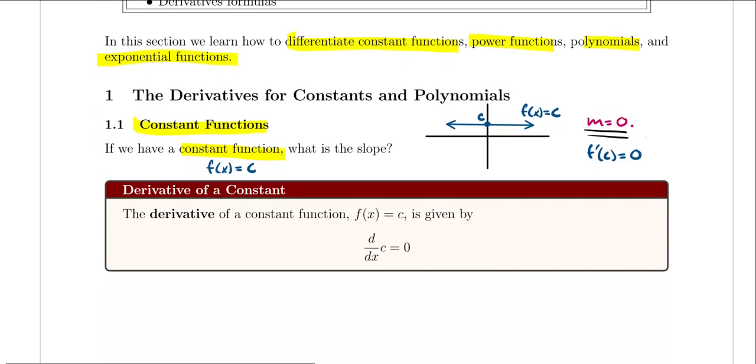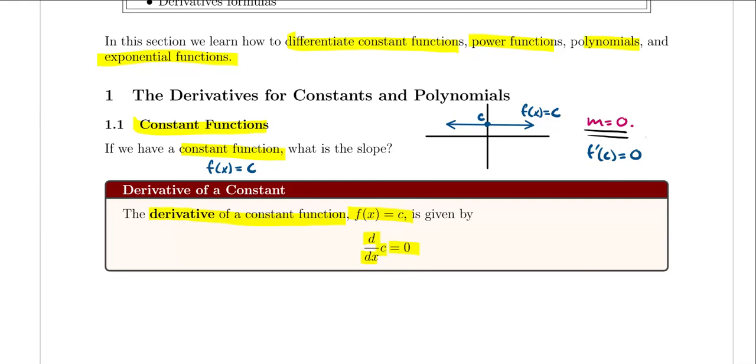All right, so what we just showed here is that the derivative of a constant function given by f of x equals c, the derivative with respect to x of a constant, is equal to 0. So now anytime I want you to find a derivative, and I'm giving you just a constant, the number, you know that the derivative is equal to 0.